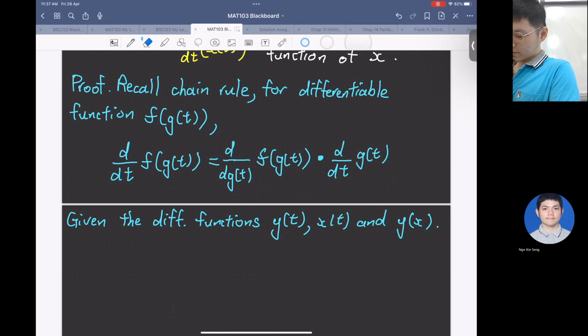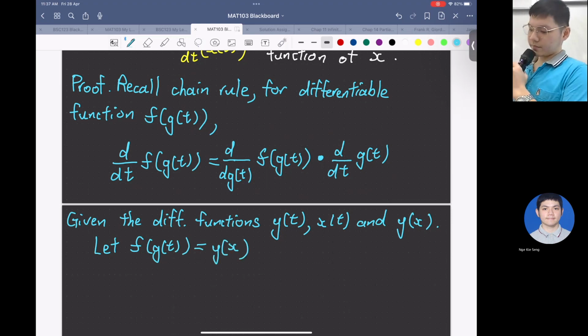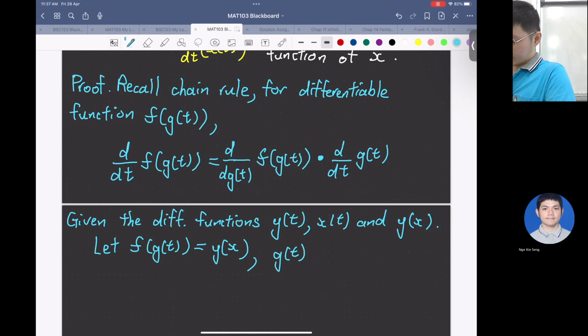Let's do it step by step. So let f(t) be y(x), and then g(t) be x(t).